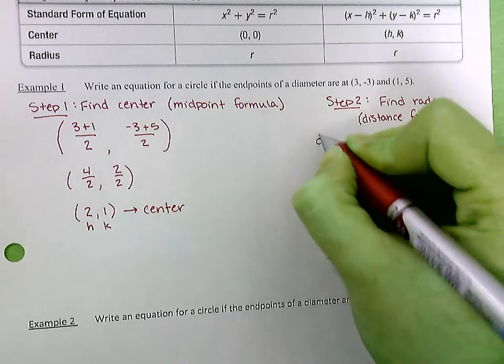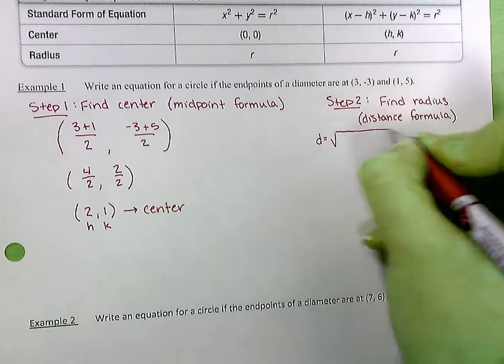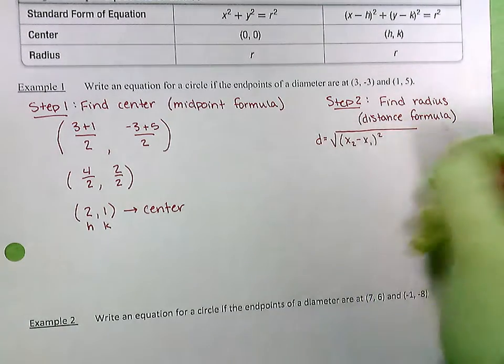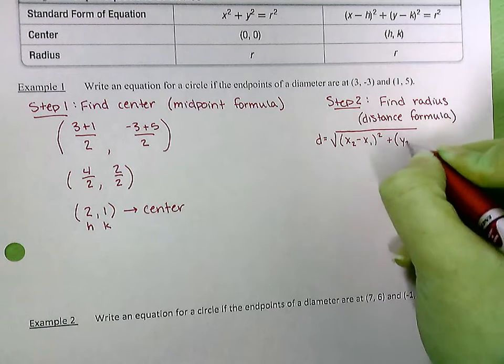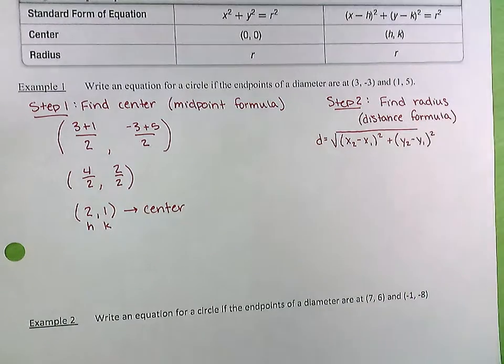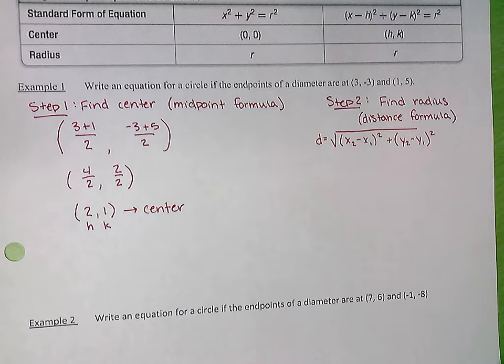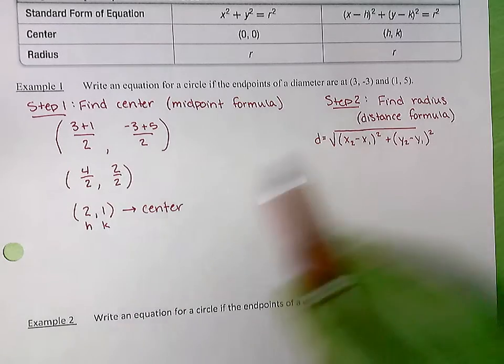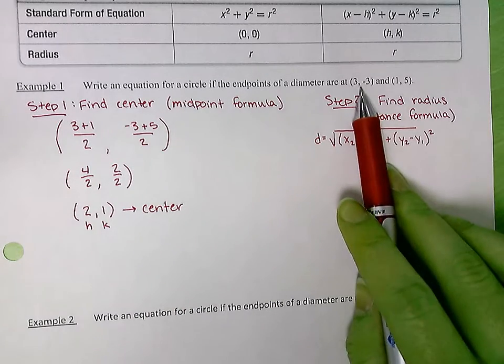Okay, if you don't remember, it's x sub 2 minus x sub 1 squared plus y sub 2 minus y sub 1 squared. Okay, this is your distance formula. Now, to find the radius, you need to use your center point that you just found and one of your endpoints of your diameter.